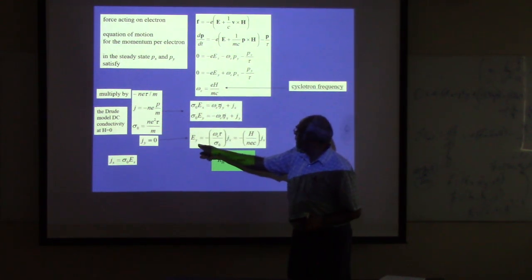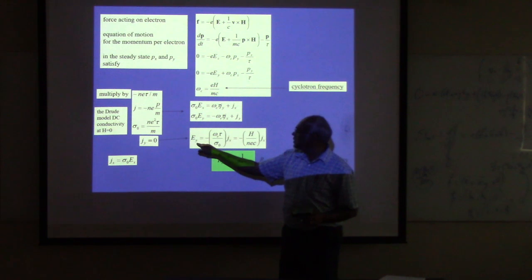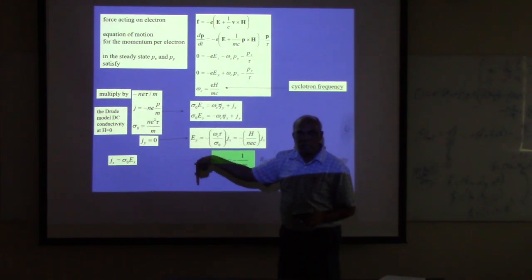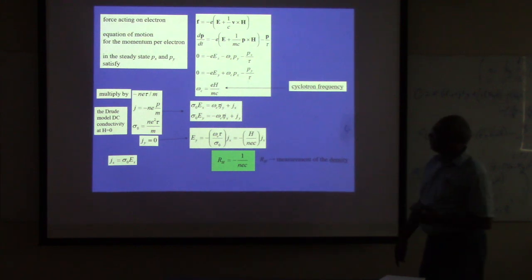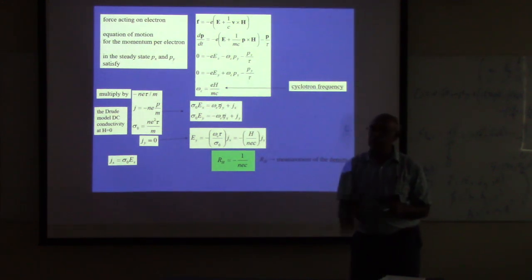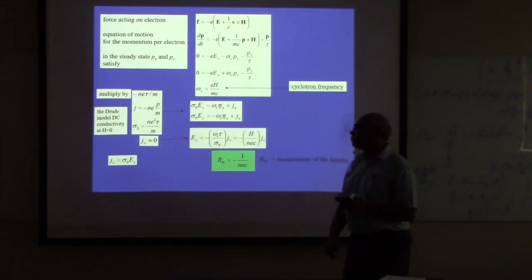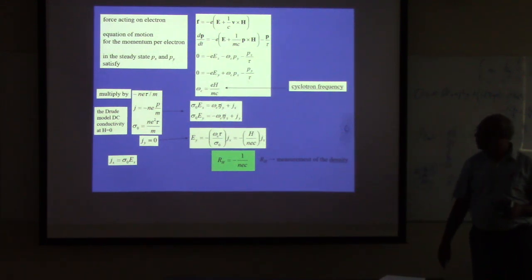J is in the X direction, E is in the Y direction. Then that is the Hall voltage, rho xy, and that gives the Hall coefficient. Please remember this: for the Hall effect, current is in the X direction, voltage is in the Y direction. That's a very general way of doing it.